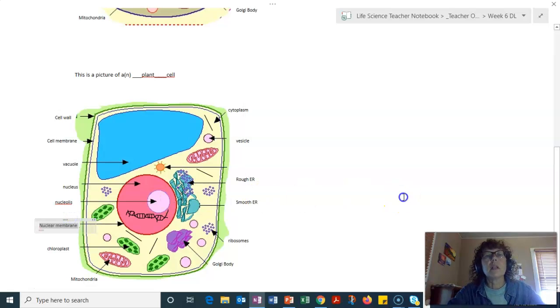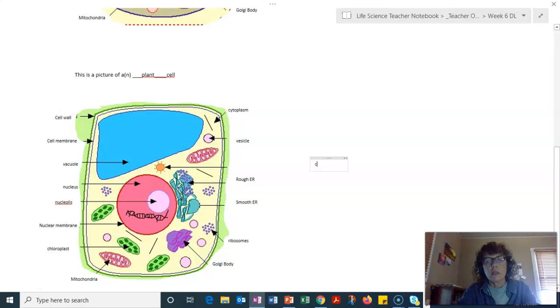Okay, last thing we're going to label is something I'm not going to ask you to remember. We won't even really talk about what it's used for until, I think, it might even be when we get back from break, so we'll see. This guy that looks like a sun is called a centrosome.